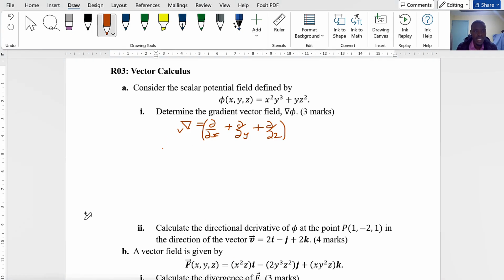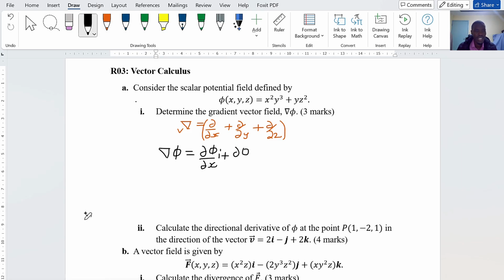Now the gradient, now we go to what we asked, the gradient, which is our nabla operator times our phi, which is a scalar field, will simply be d phi over dx, the partial derivative of phi with respect to x, then i, because when you find the gradient, you get the vector. So the gradient acts on the scalar field to give you a vector.